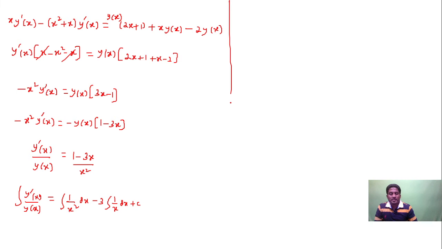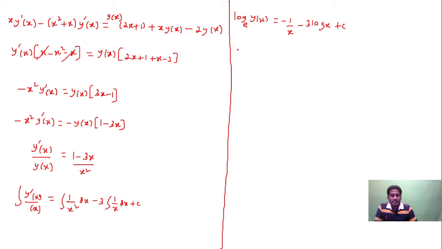Now this can be written as log of y of x is equal to integration of 1 by x square, which is minus 1 by x, minus 3 into log x plus c.